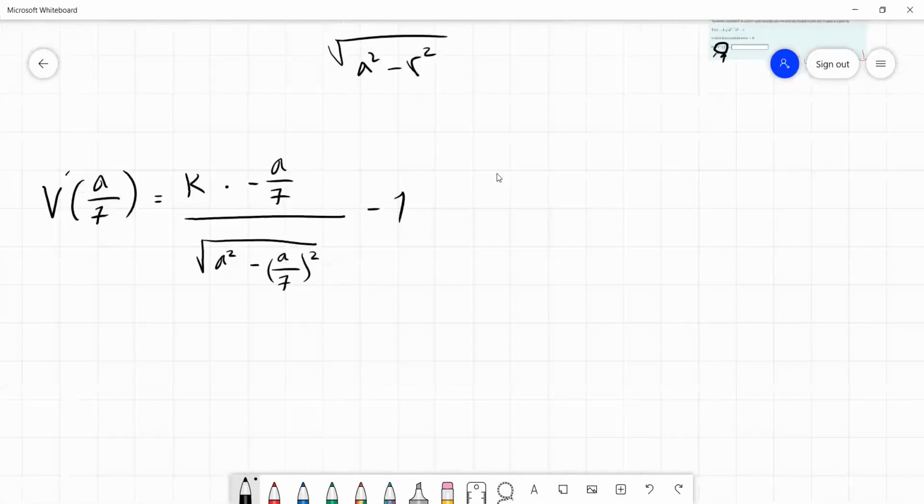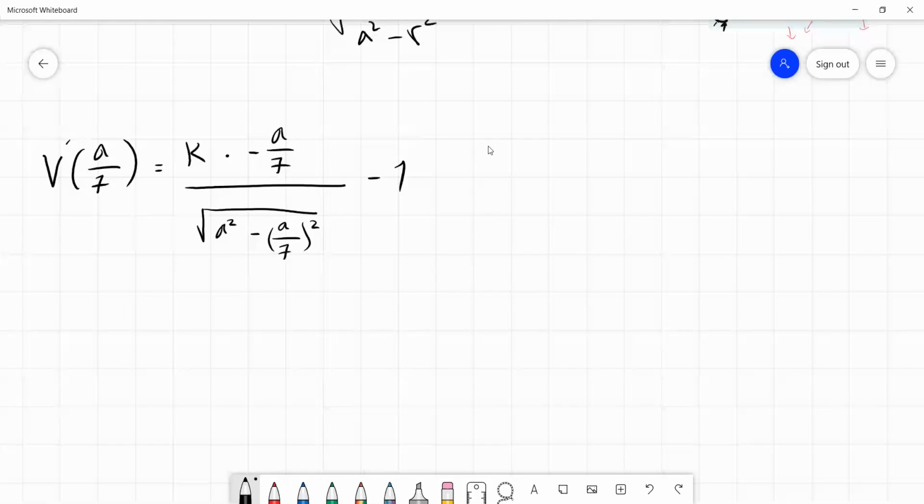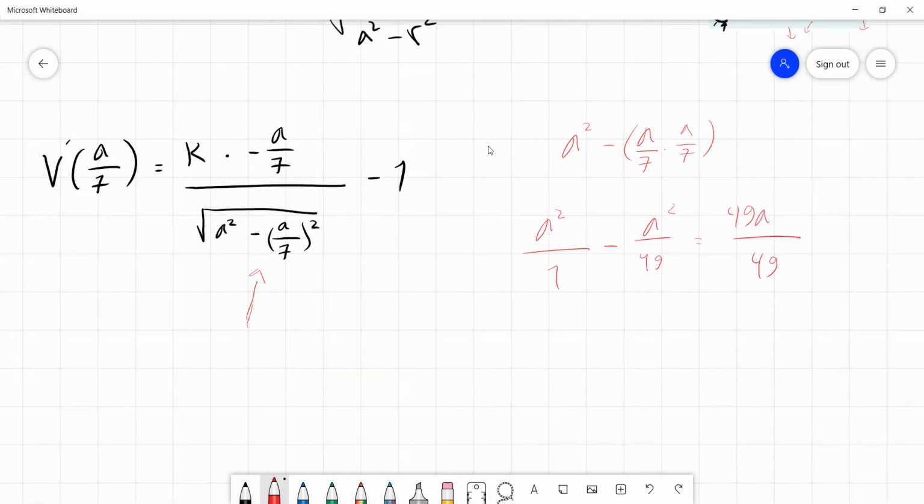I would start by simplifying this part first. a squared minus a over 7 times a over 7 would be a squared over 1 minus a squared over 49, with the common denominator, which is 49, so denominator 49 and 49 times a squared minus a squared, resulting in 48 a squared over 49.